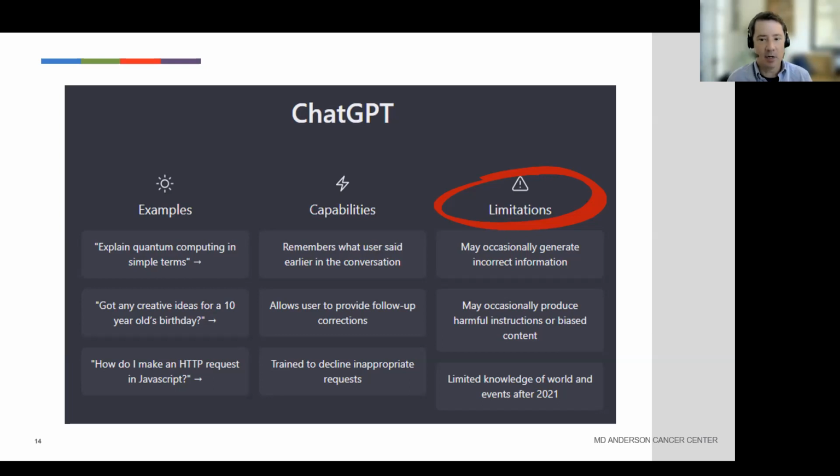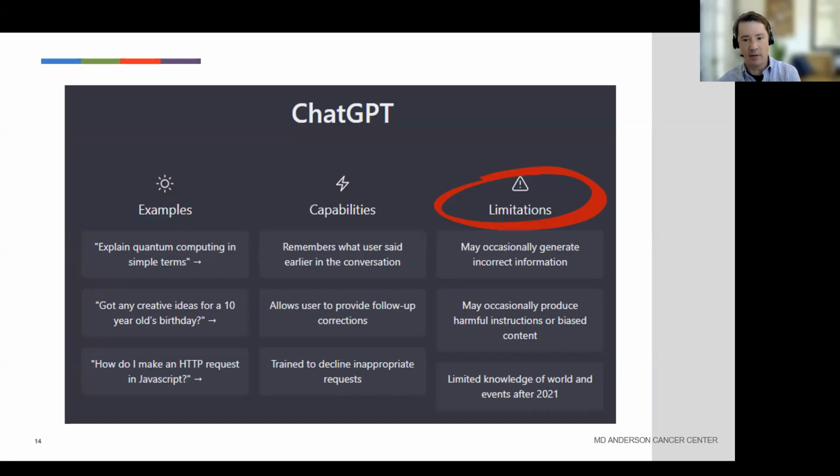And that's in part because, as Erica mentioned, this isn't like a Google search. It doesn't collect current information necessarily. It builds its responses word by word based on an algorithm. And so occasionally, because it's fed all this information from the internet, some of that information is not necessarily correct or gets rearranged in an incorrect way. You get a false answer when you query it.